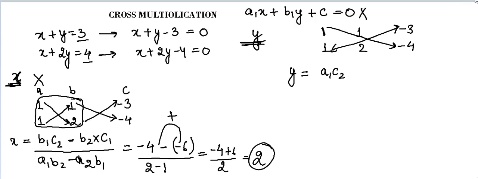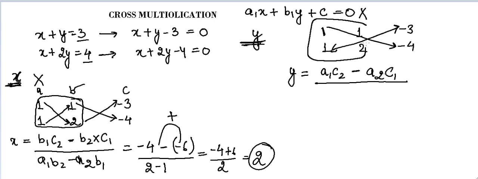In cross multiplication, it is written as a1 and c2, minus a2 c1, and in the division again there will be the coefficients of x and y.